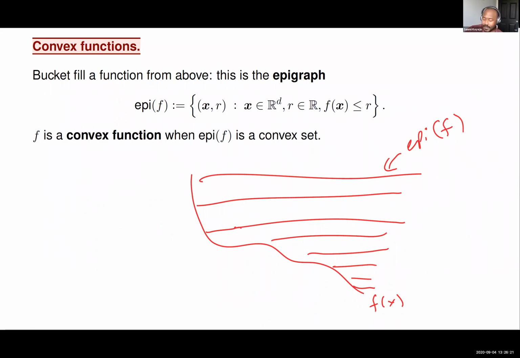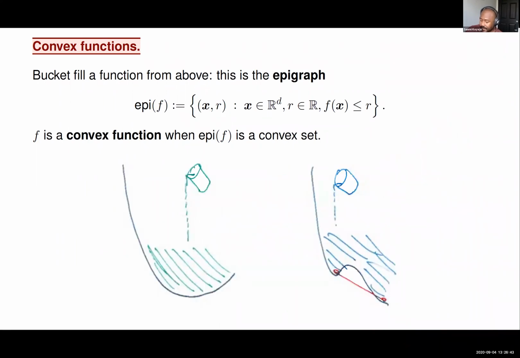So it's the combination of the point and then either f of x or any of the points that are above it. Okay, so intuitively, this just looks like bucket filling a function from above. So we say that a function is convex if its epigraph is a convex set.